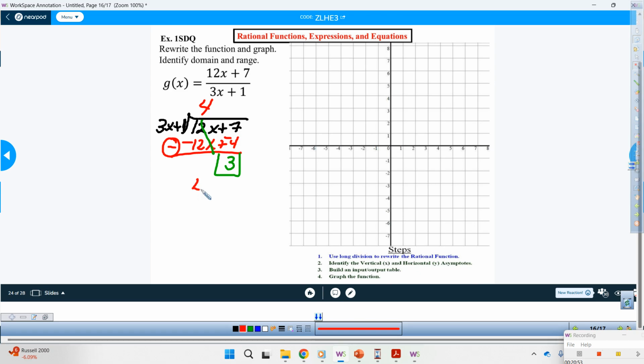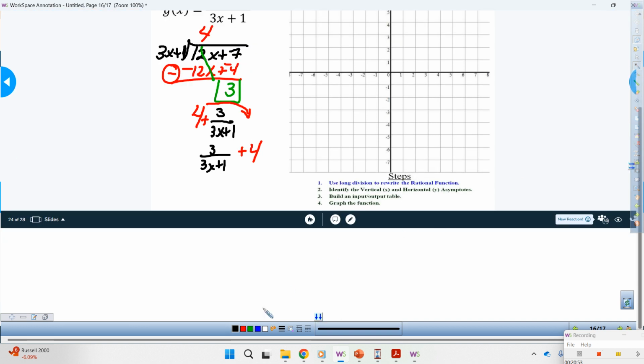Joseph, so if I have 4 plus, then a fraction bar, then I got the 3, and then 3x plus 1. What do I do from there? And then we end up with 3 over 3x plus 1, and then? We still have a 3 on the numerator.